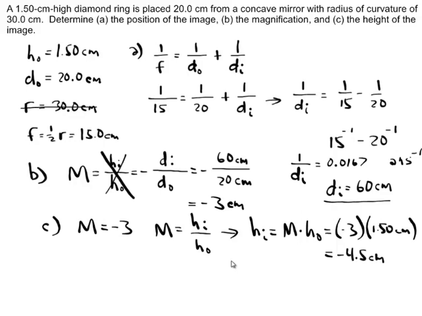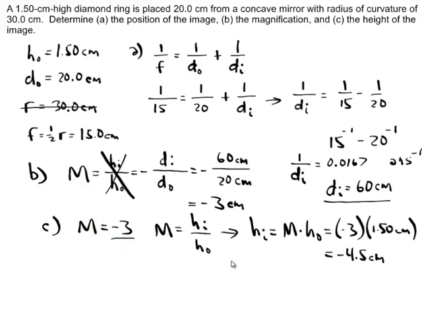Now you notice I was just able to tell a few things just from the numbers. First of all, I know that because the magnification is negative, we have an inverted image. I also know that because the absolute value of the magnification is greater than 1, it's an enlarged image. The last thing I'd want to know is, is it real or virtual?